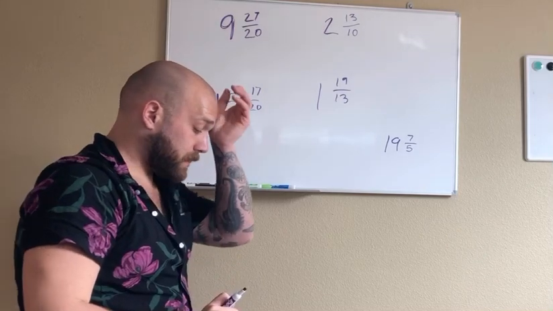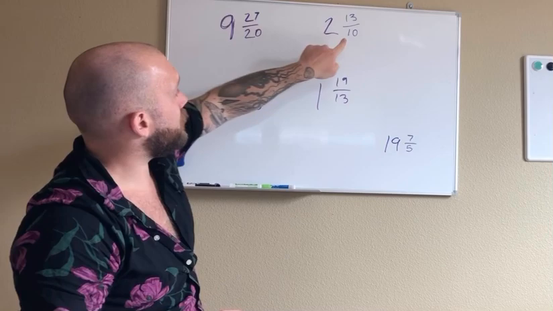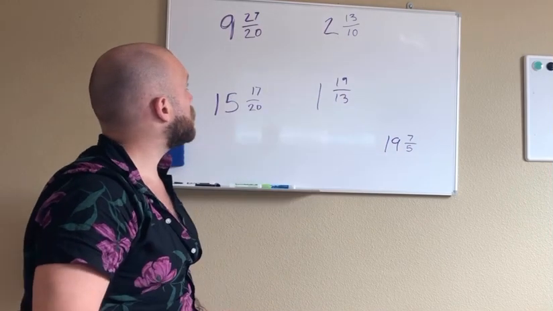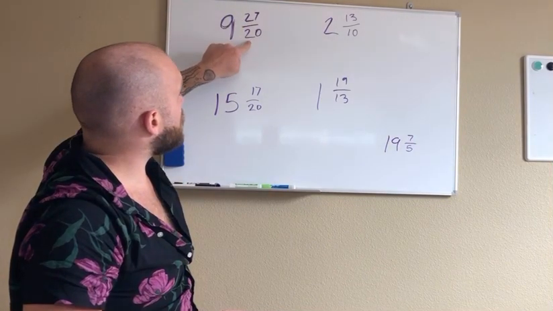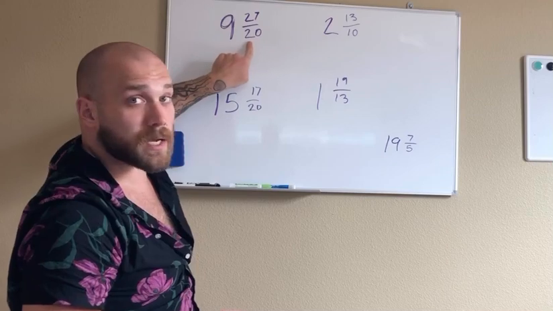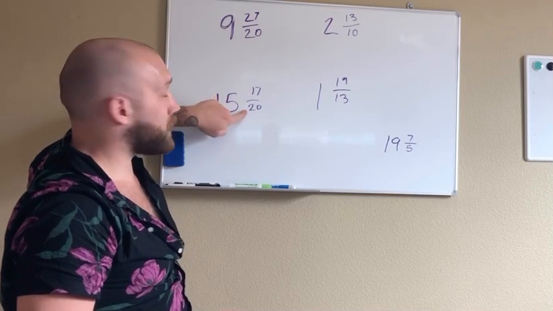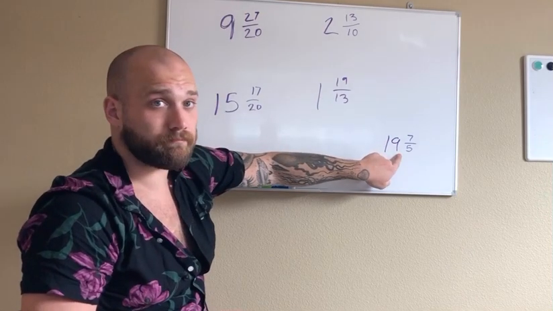So, these mixed numbers have a fraction that is more than 1. Notice they're all top-heavy fractions, each one. When I say top-heavy, I mean it's heavier or bigger than the number of the denominator. The numerator is bigger than the denominator. Same here, and same here.